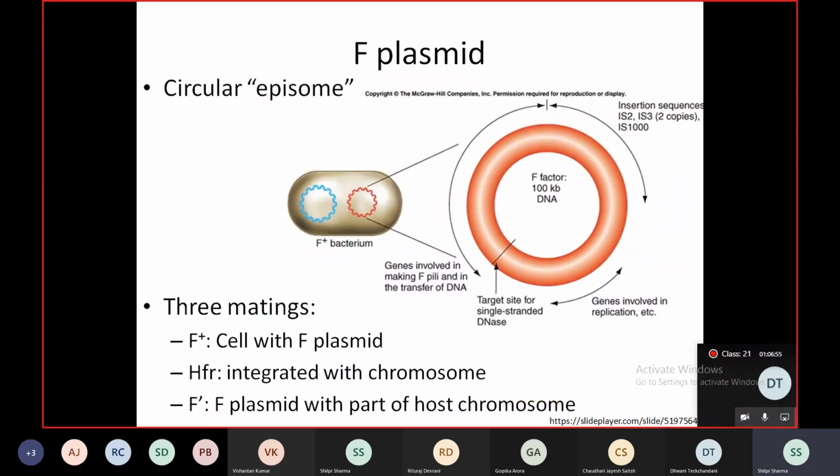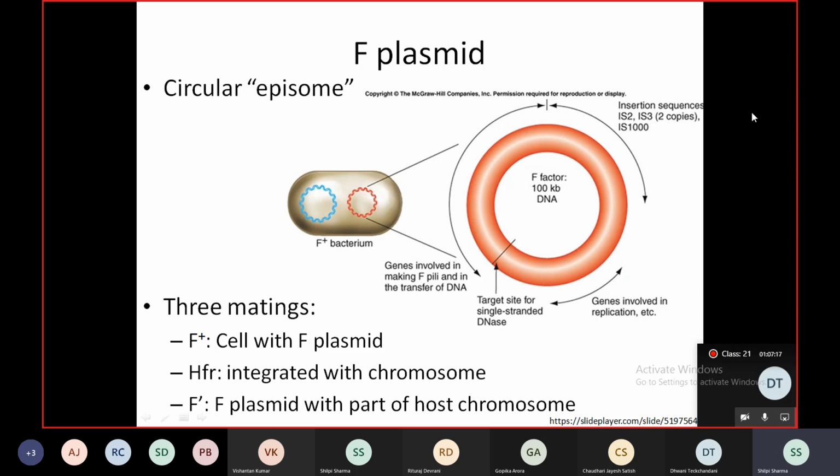Now the F plasmid is a circular episome. Episome means it can either replicate autonomously, or it can also integrate with the host chromosome. It can have both these forms of existence.